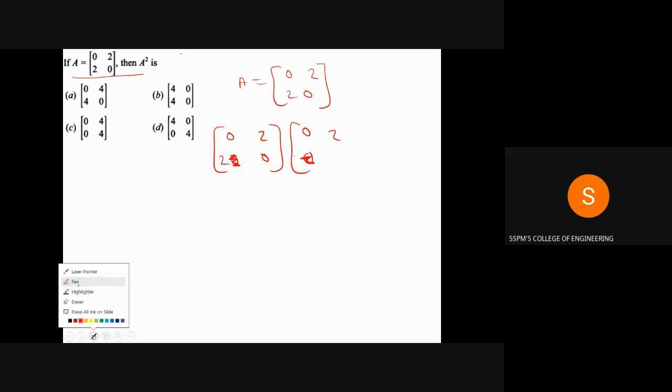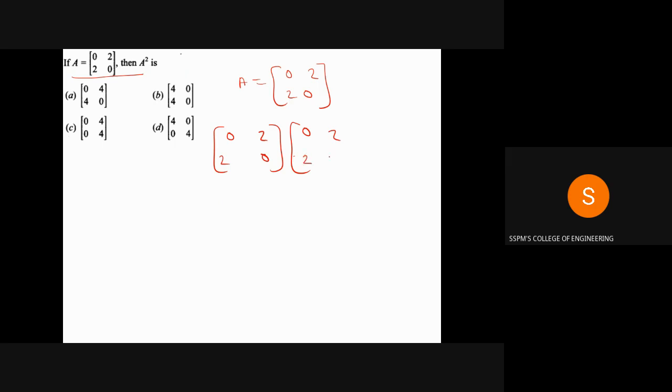See, A square. Now A is given like this and we have to find A square. So A is equal to 0, 2, 2, 0. Just multiply 0, 2, 2, 0 into 0, 2, 2, 0.